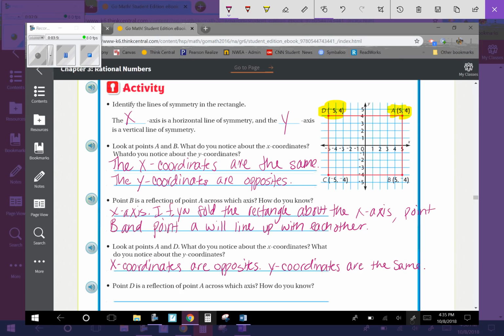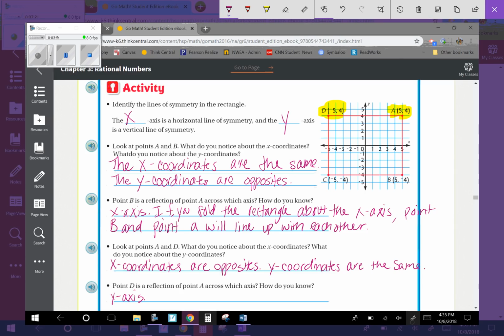So point D is a reflection of point A across which axis? So D is over here. We have to cross the y-axis to get to A, which means that they're a reflection across the y-axis. And how do you know? Same reason.